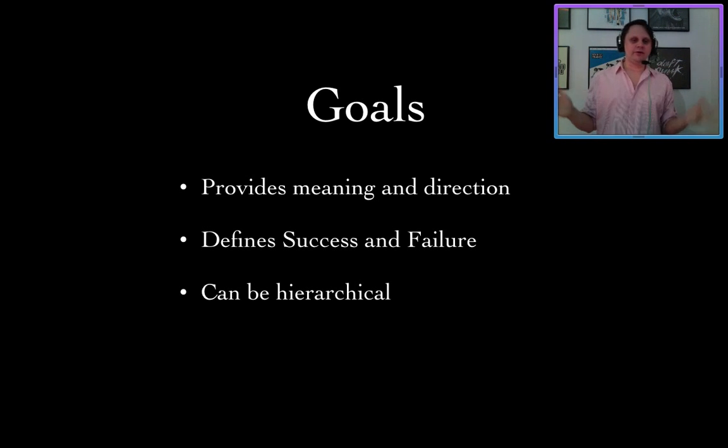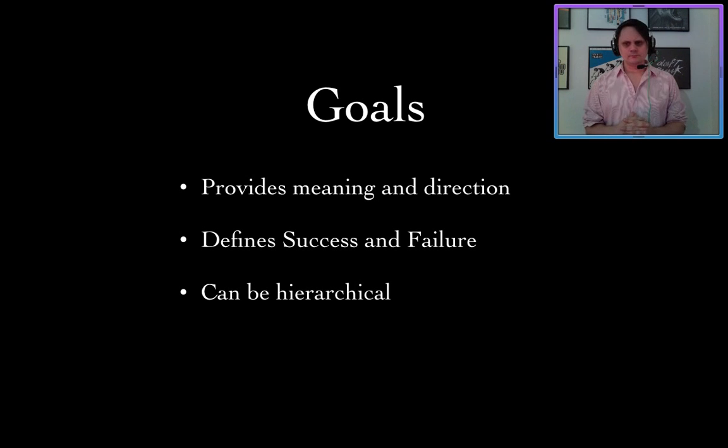And it can be hierarchical. So for instance, you might have a goal to level up this much by killing these things, and then when you level up, you can do this, and when you can do this, you can do that. So you have this stack of goals that you can build. There are many, many ways of structuring goals, and I'm not going to get into it. There are lots of people thinking about that problem, so I'm going to move on.